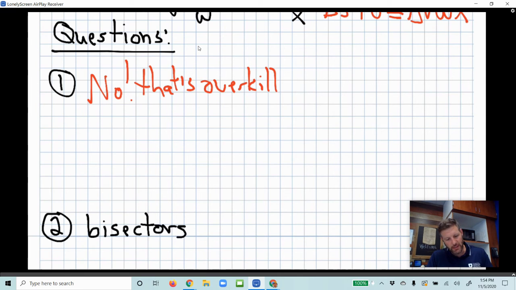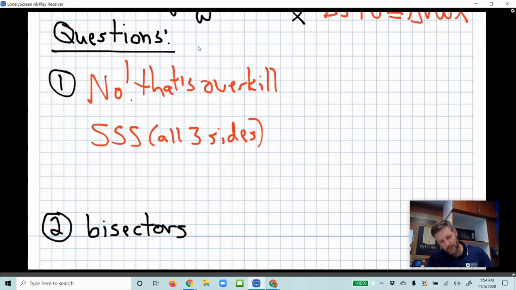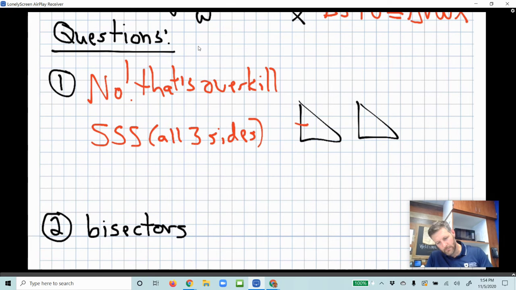But no, what you do need is either SSS, all three sides, so something that looks like this. Those sides, those sides. So if I just know the three sides, that's good.